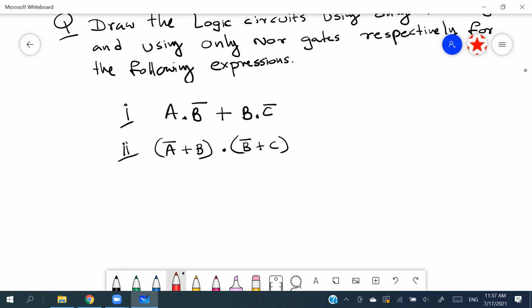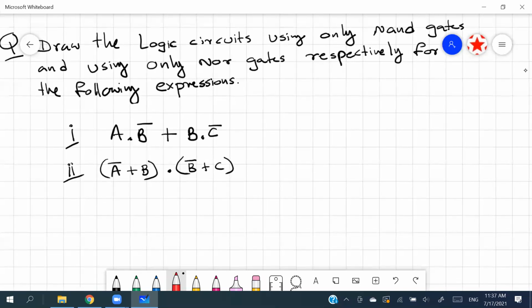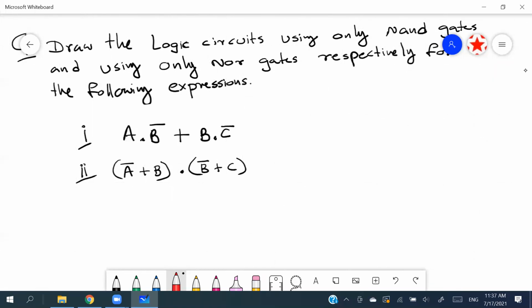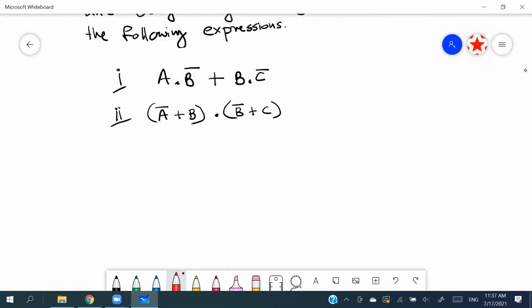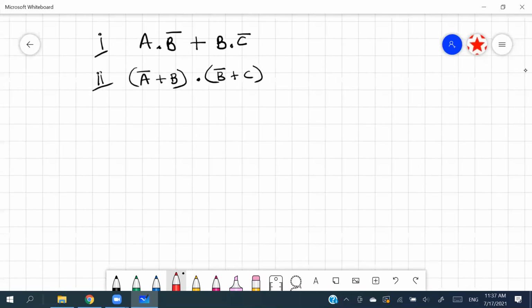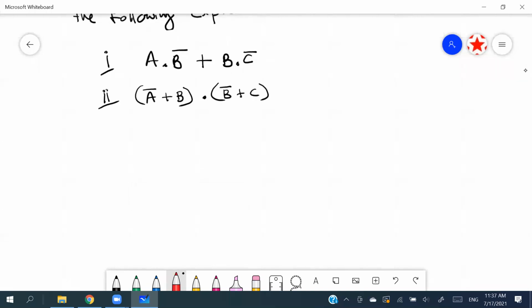Right. Okay, so as we discussed, first I'm going to draw the A dot B bar plus B dot C bar circuit. So let me have the lines over here.